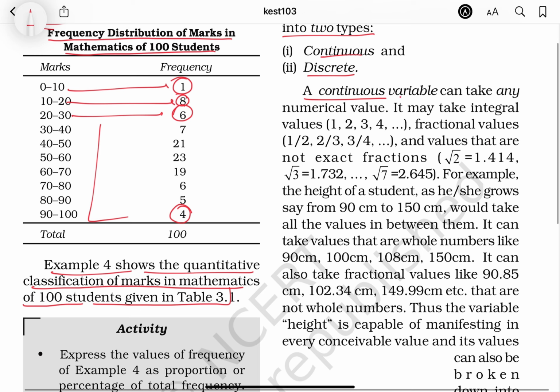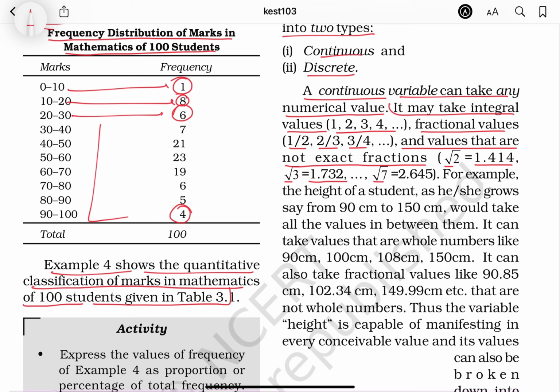A continuous variable can take any numerical value. It may take integral values 1, 2, 3, 4, fractional values 1/2, 2/3, 3/4, and values that are not exact fractions: root 2, 1.414, root 3, 1.732, root 7, 2.664. For example, the height of a student as he or she grows, say from 90 centimetres to 150 centimetres, would take all the values in between them.